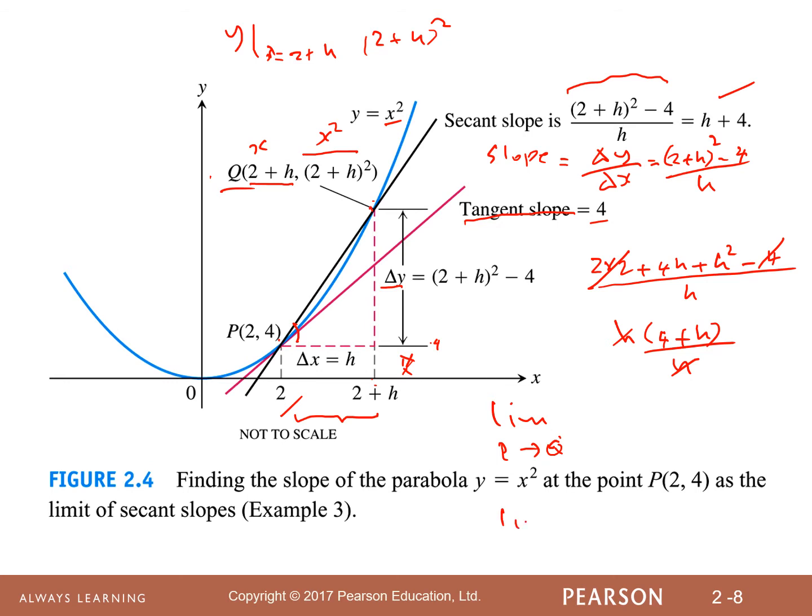So I can say this is equal to limit as h goes to 0. The difference between them is h, right? So as P goes to Q, h decreases until it becomes 0. So you can say limit as h goes to 0 of the equation of the secant slope. Limit as h goes to 0 of h plus 4. That's going to be equal to what?